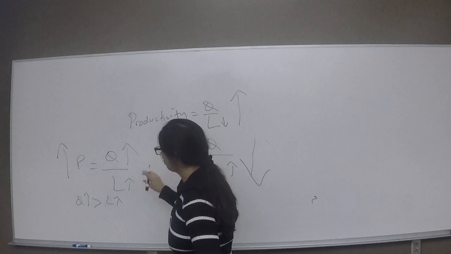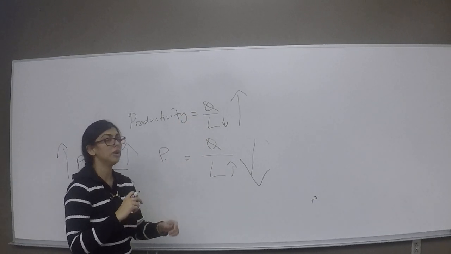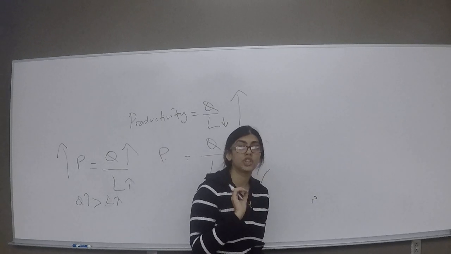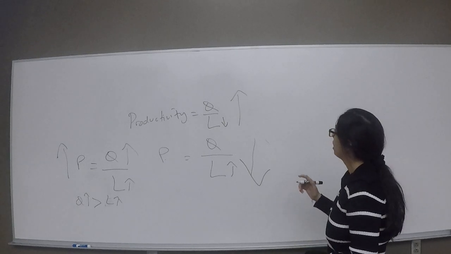So now, productivity is equal to quantity divided by labor, right? What about marginal productivity, or additional productivity?